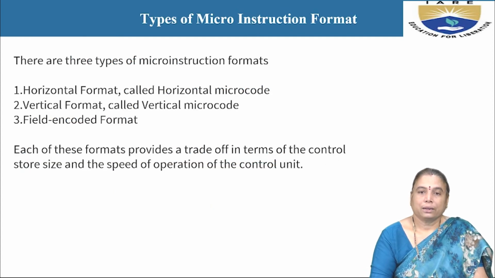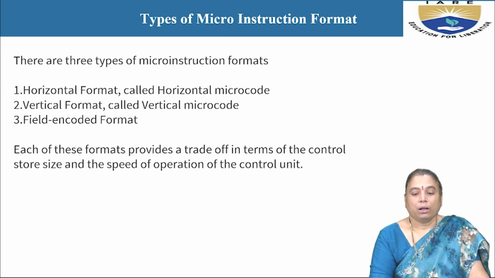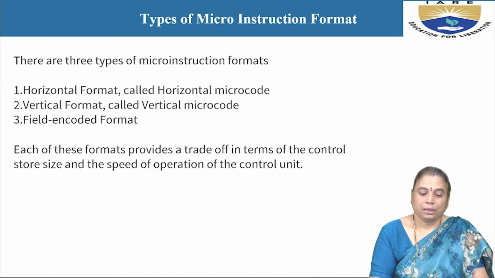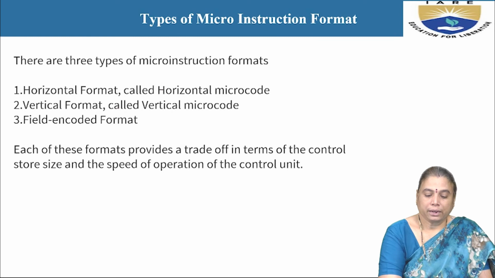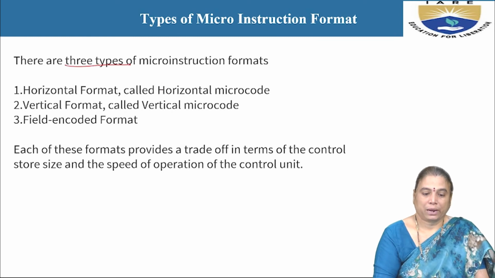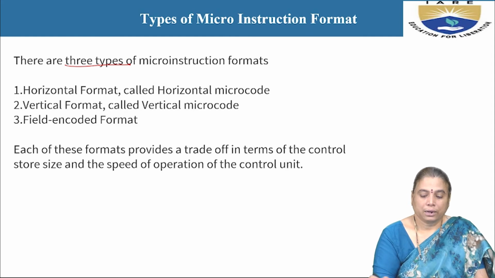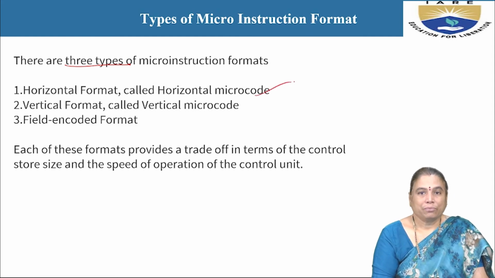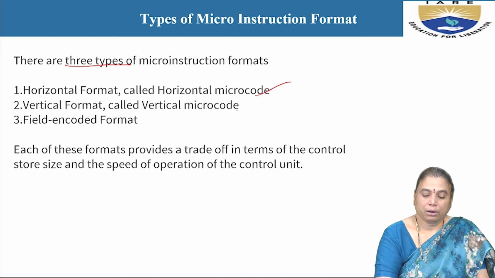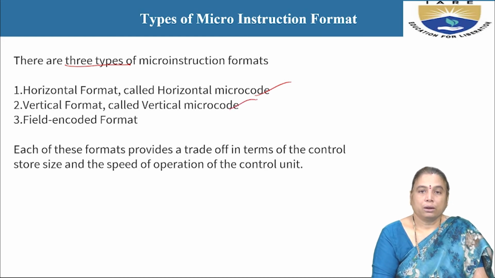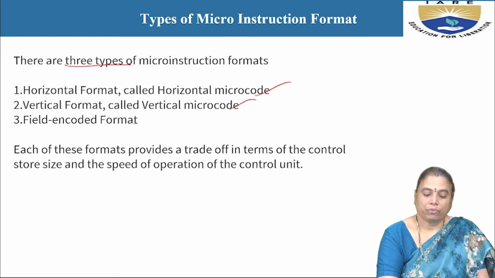And what are the types of micro instruction formats? There are basically 3 types. One is the horizontal format, called horizontal microcode. The second is the vertical format, called vertical microcode. The third is the field encoded format.